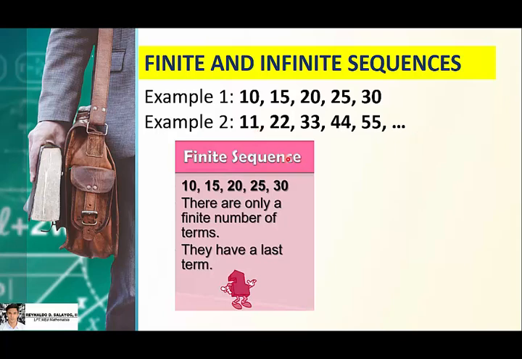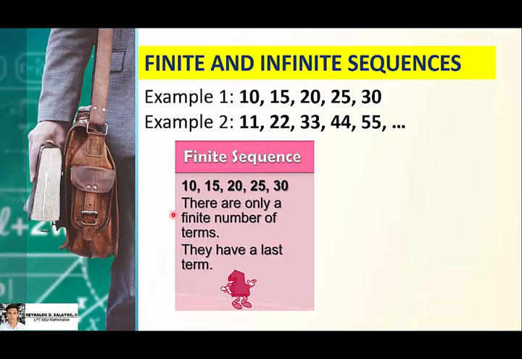So, what is a finite sequence? So in the first example, 10, 15, 20, 25, and 30, this is what we call an example of finite sequence. Why? The first consideration is that it is finite because it has a finite number of terms, meaning we can count each term.